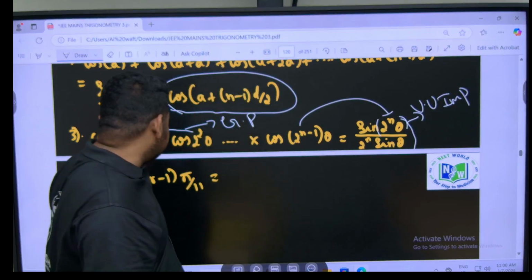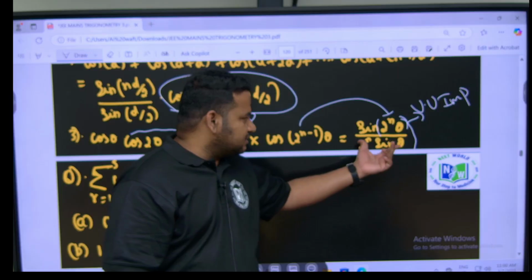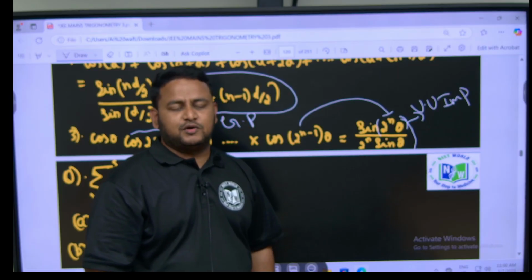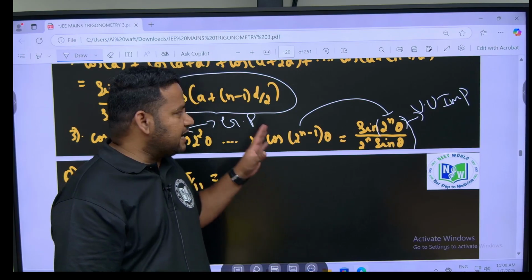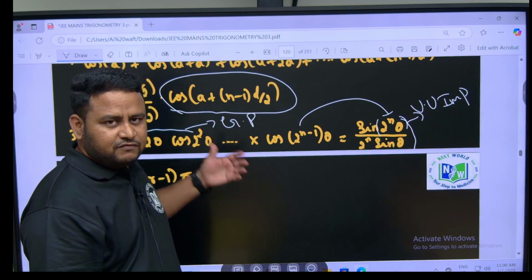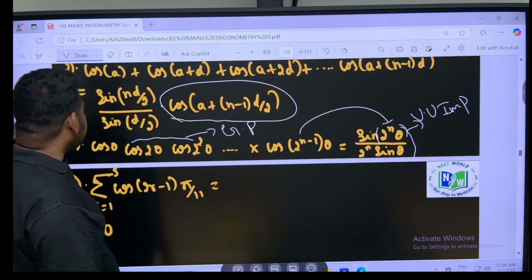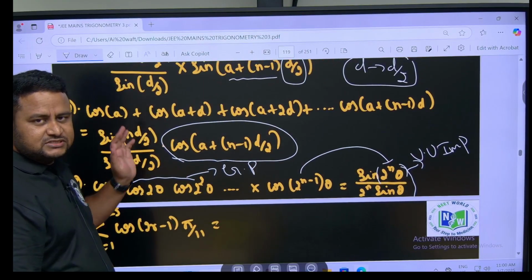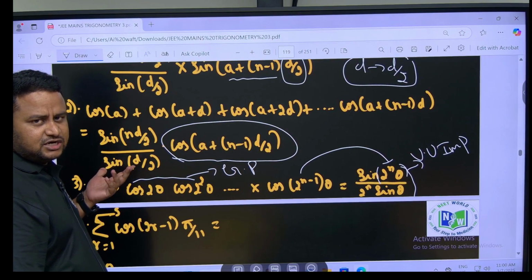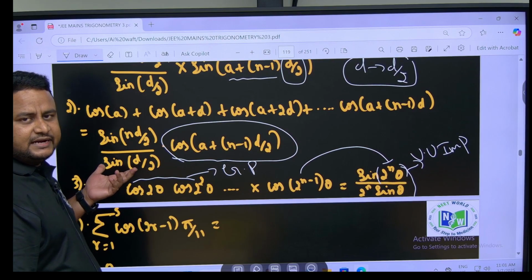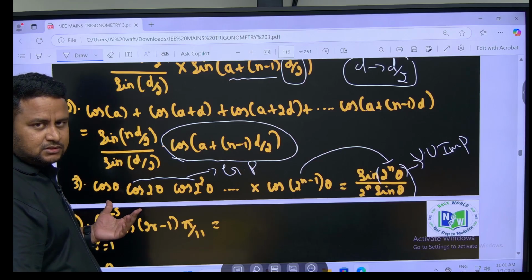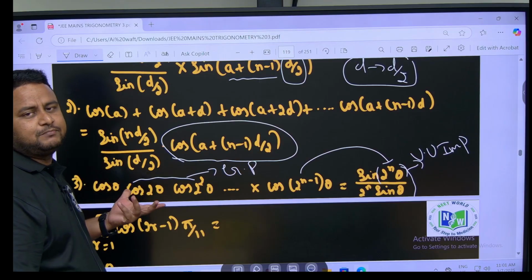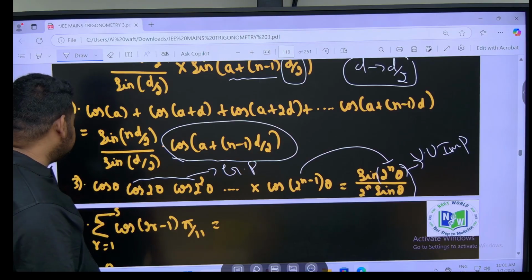So although the expression is in cos, in the formula it comes as sine of 2 to the power of n theta by 2 to the power of n sine theta. Got it, friends? These are highly important trigonometric series. First, the one in sine and cos in the form of AP, and next, cos in the form of geometric progression. You have to remember these formulas.